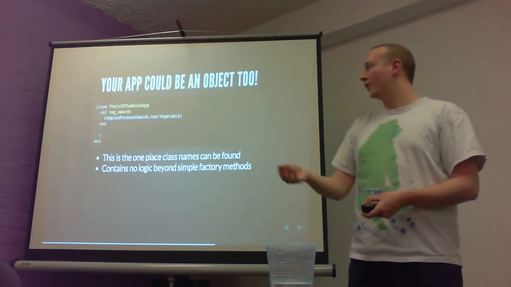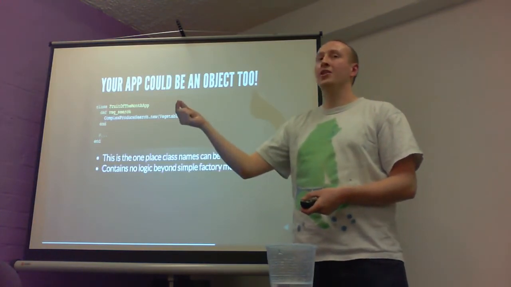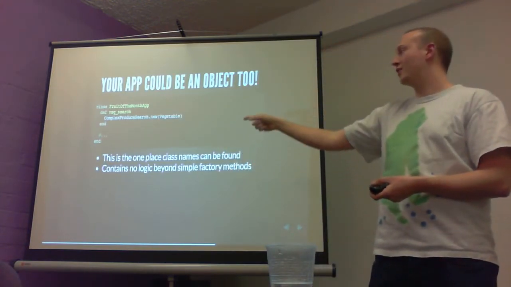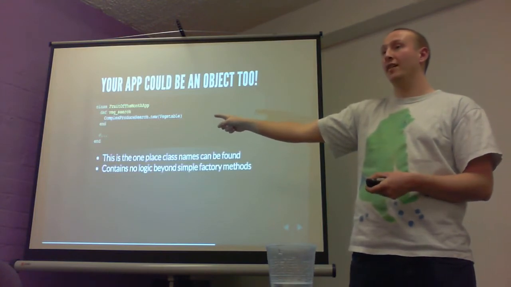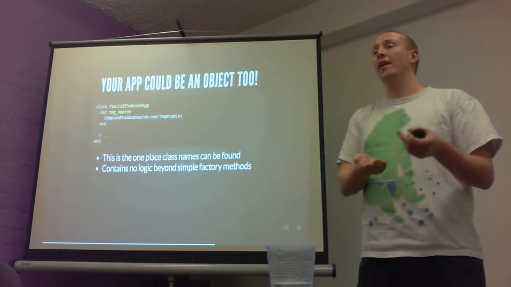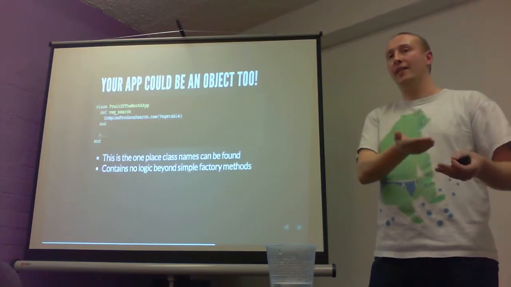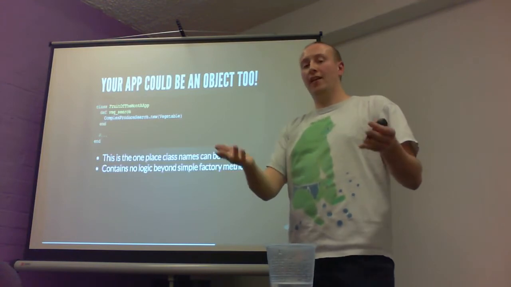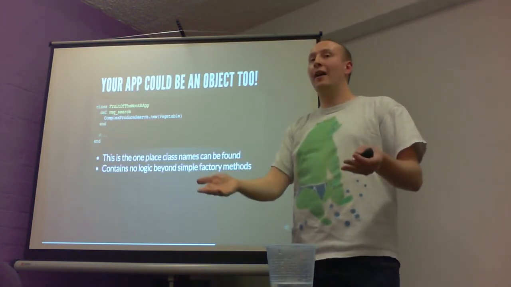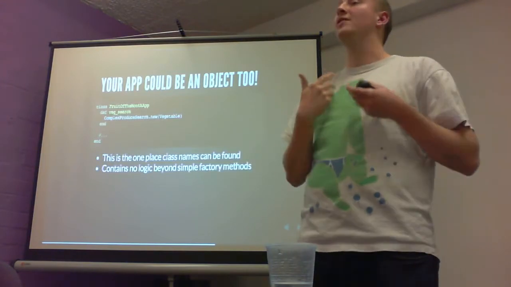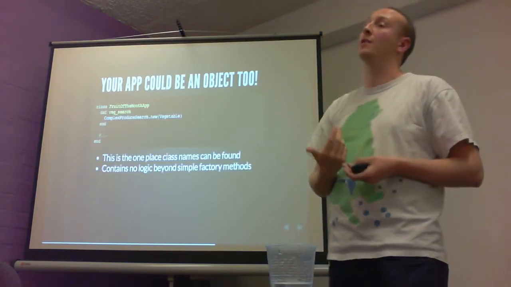So I take all of my real application logic and stick it in various service objects, which are instantiated by the application object. And then I can unit test all those very neatly, and my controllers just end up being one call out to the application object of, I need this interaction to happen, and here's the data. And then give me something back and tell me what to do, tell me what to render.